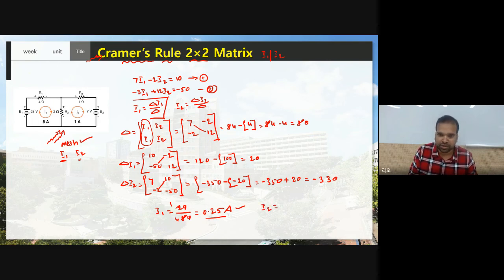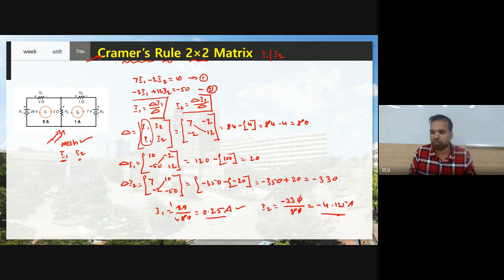I2 equal to delta I2 by delta. Here delta I2 is minus 330 and delta is 80. Therefore, if you cancel this, I2 will be minus 4.125 ampere. This is the mesh current in loop 2. You may get confused about why we get a negative current. I will explain this when I explain mesh analysis.